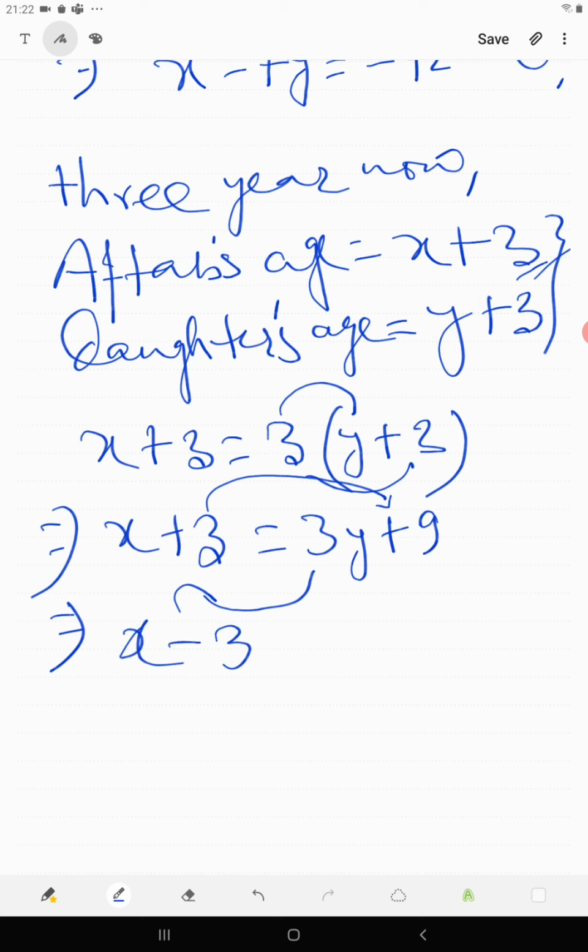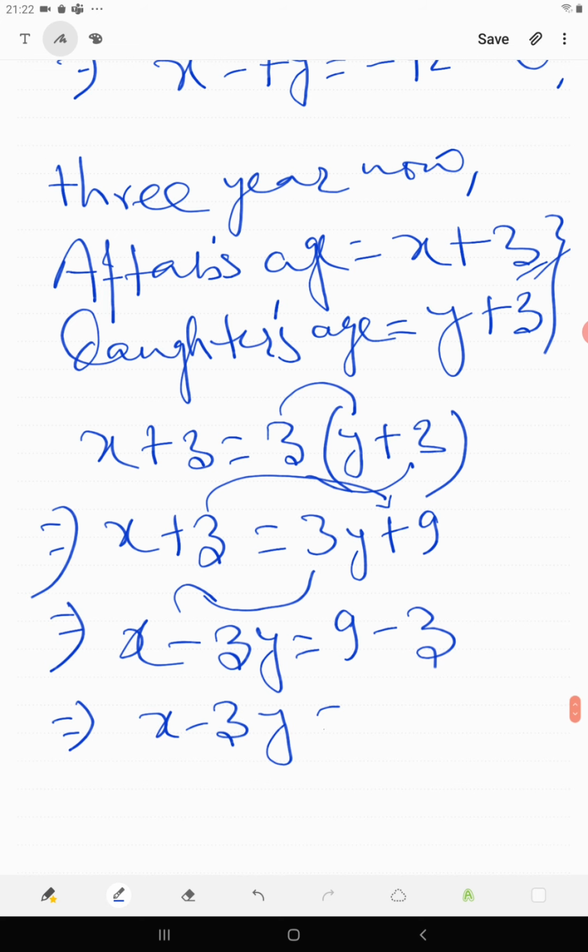Hence x minus 3y equals plus 9. I can write it as 9 because if nothing is there, the sign is positive. Now plus 3 becomes minus 3 on the right hand side, so it is 9 minus 3. So this is x minus 3y equals 6. This is our second equation.